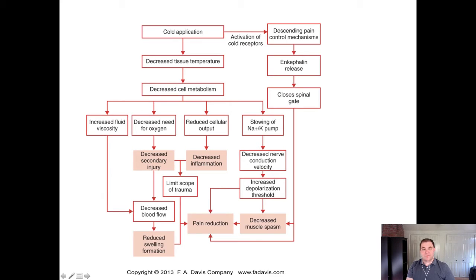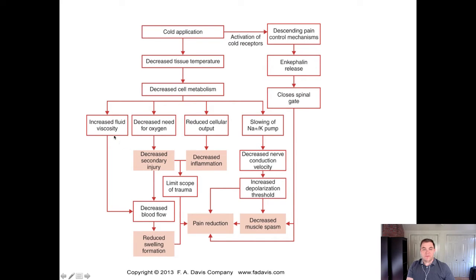This is a flow chart that talks about the initial stage, when you put ice or a cold application on a patient, what it does for pain, right? Descending pain control mechanisms, and enkephalin closes the spinal gate, and it can decrease spasm or pain. And then on the left here it talks about tissue temperature, which decreases cell metabolism.